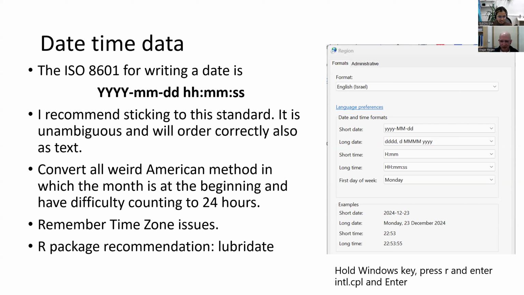And on the right side, if you are working with Windows and you really concur with this suggestion to turn to ISO 8601, I recommend you to change your system to this method. And then, for example, if you work with Excel or other software, it will be the default format for date.